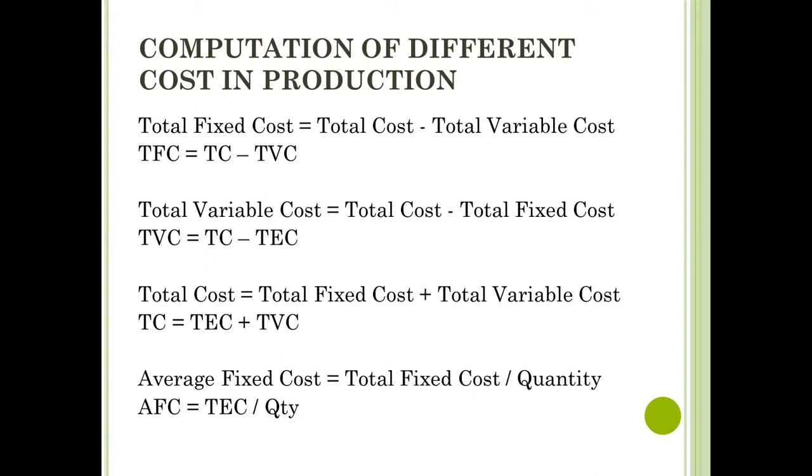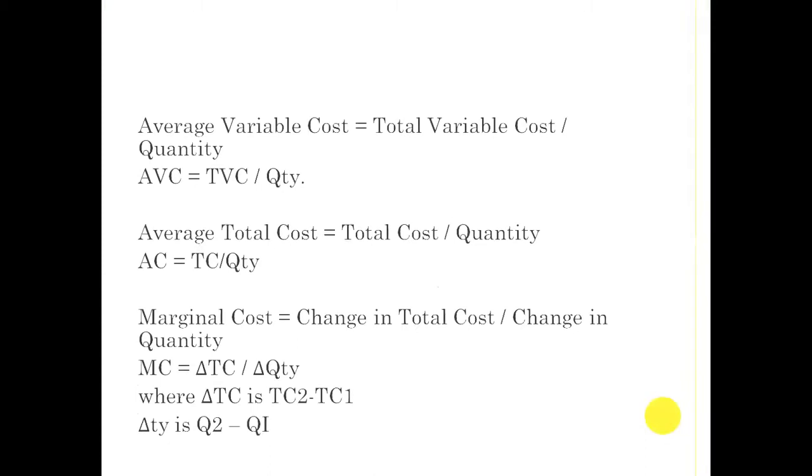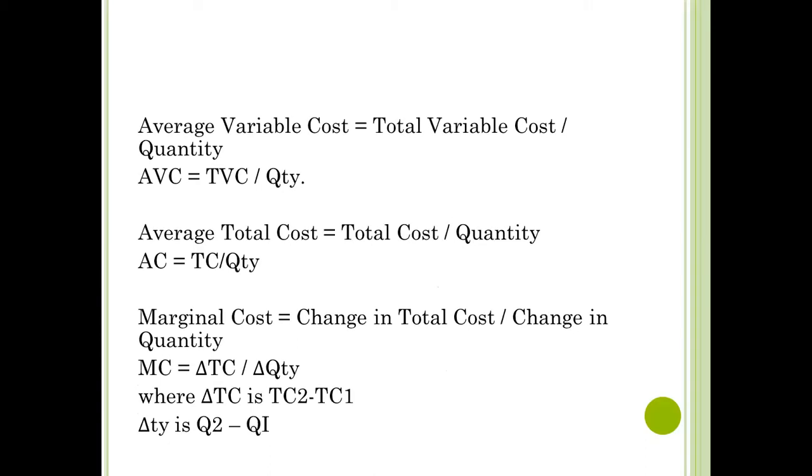Now let's go on to our average fixed cost. For average fixed cost, total fixed cost is divided by quantity. Also, in order for us to find our average variable cost, total variable cost is divided by quantity.